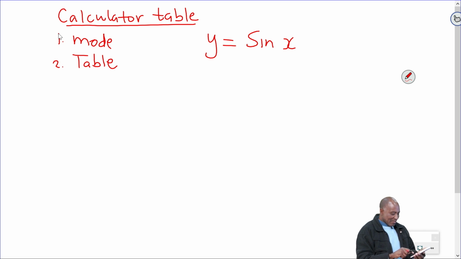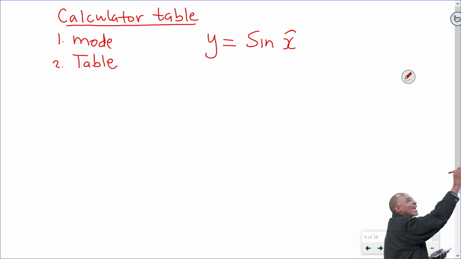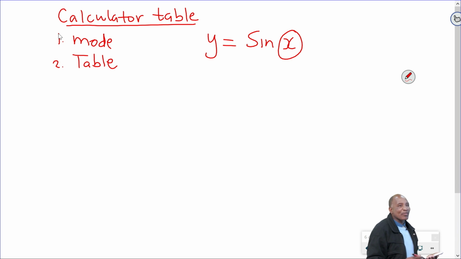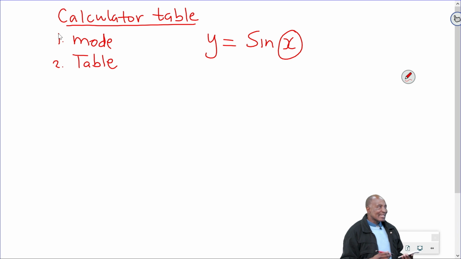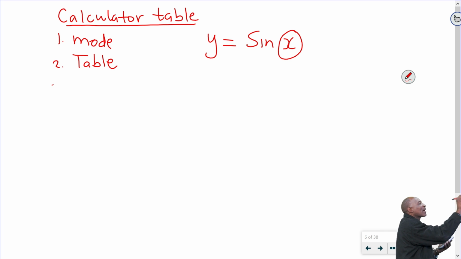For you to enter this variable x, you are going to select x on the calculator. It depends on what color your x is. Some are yellow, so you use second function x or shift x. In my case, it's alpha x. Then I will have the function on the calculator as sine x. So that's our step number 3.